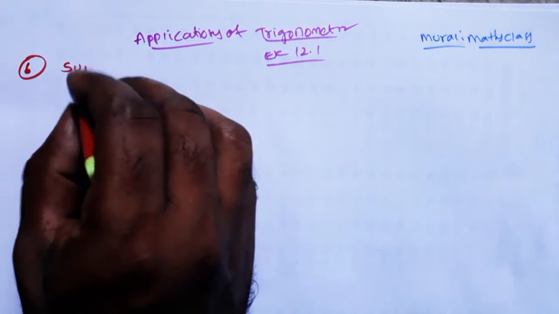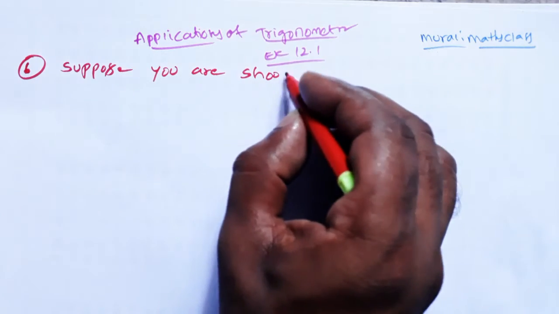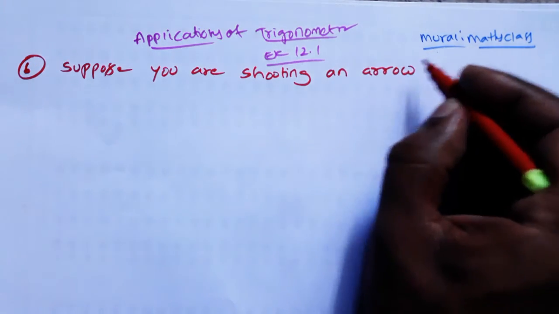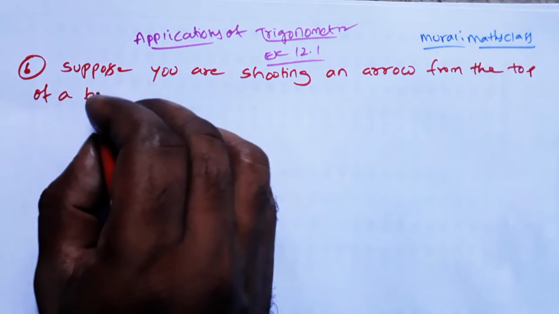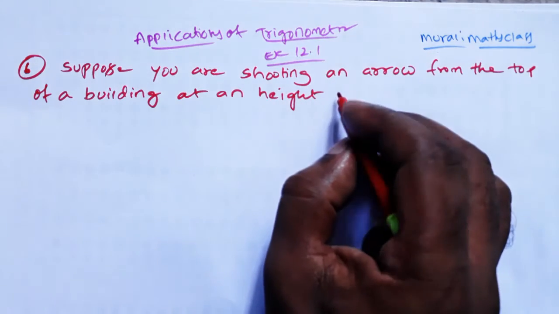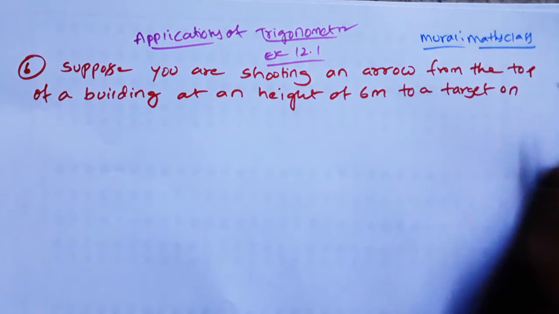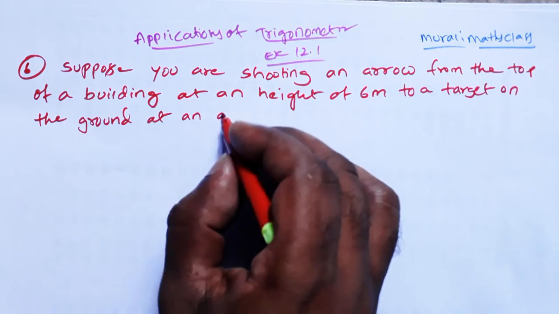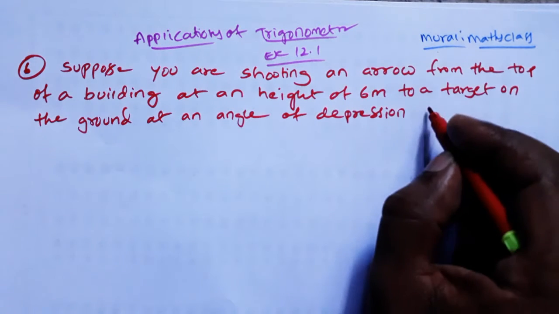Suppose you are shooting an arrow from the top of a building at a height of 6 meters to a target on the ground at an angle of depression of 60 degrees.